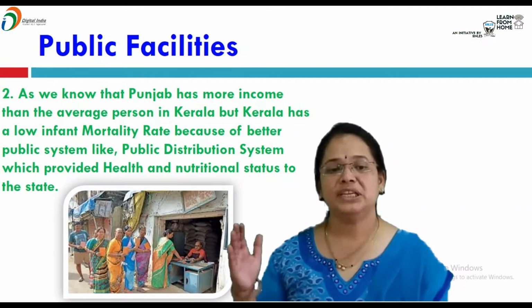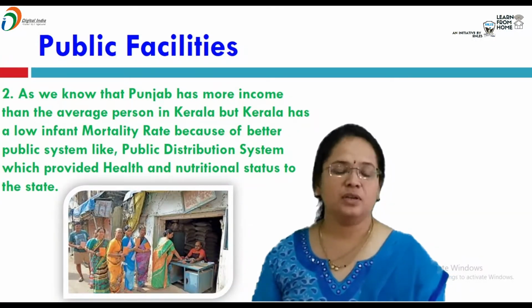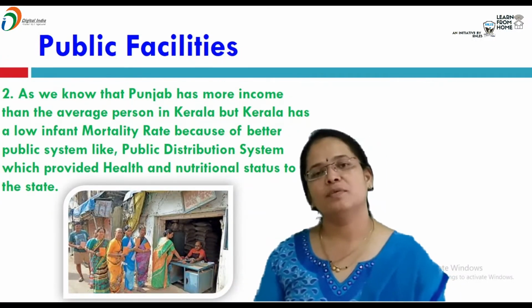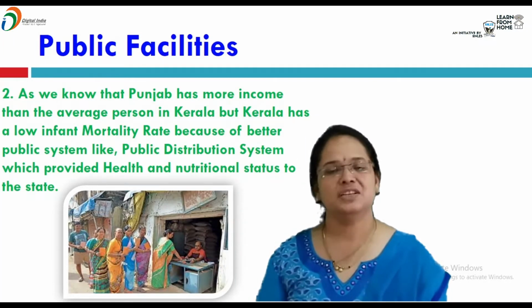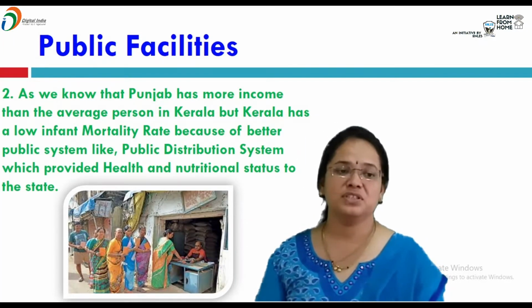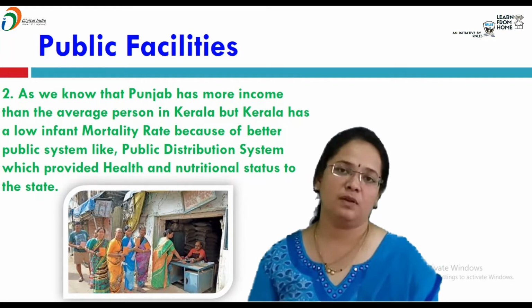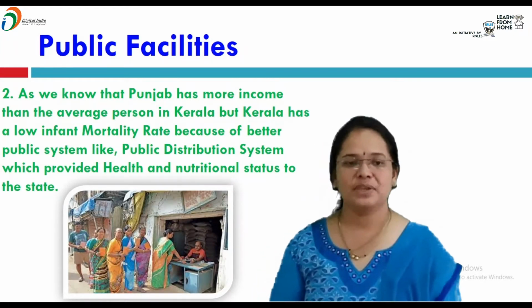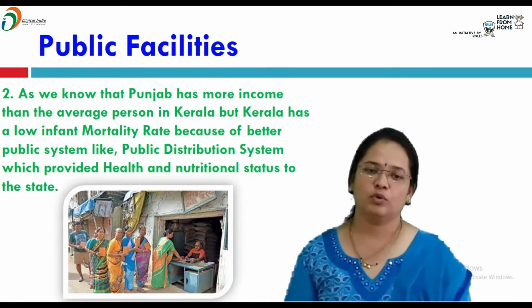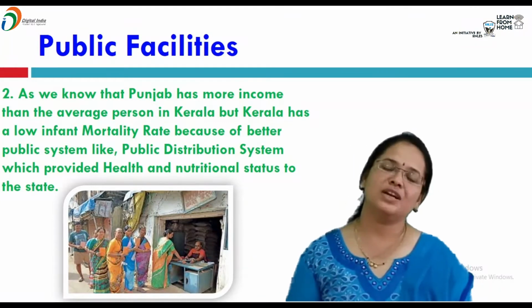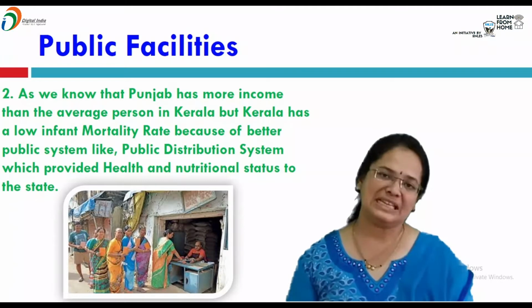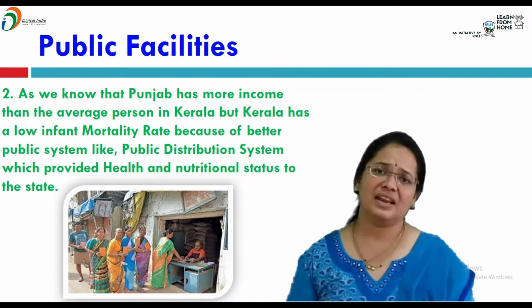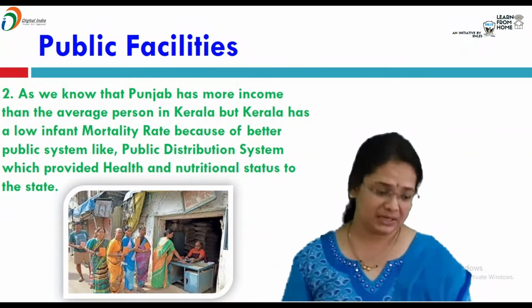The PDS, the shops through which the government provides food grains, is also one of the facilities needed for people's development. So in Punjab income is more, but in Kerala infant mortality rate is less, meaning Kerala is more developed. Understand?